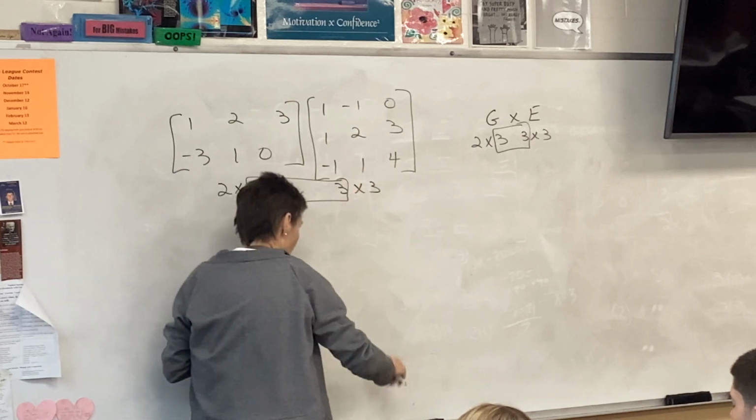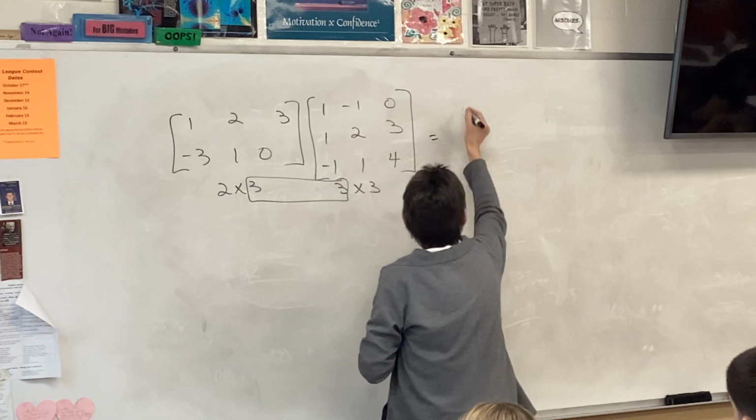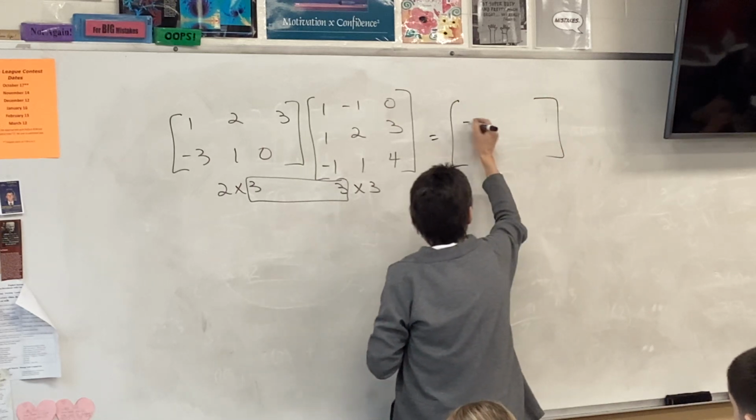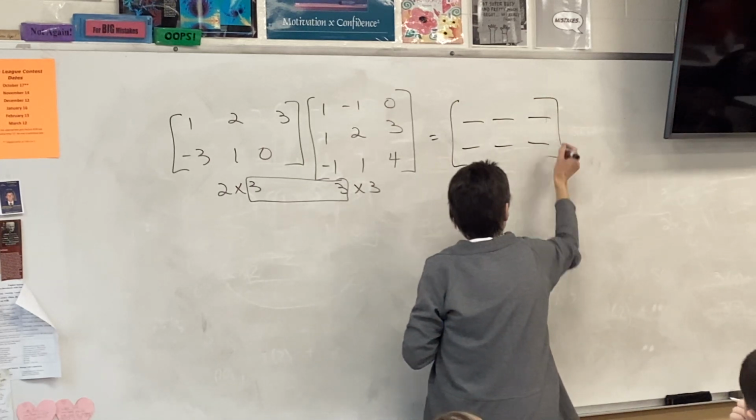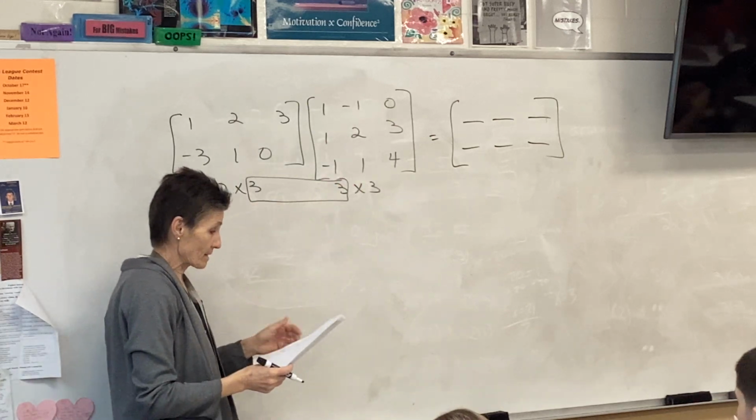And how big will our answer be then? 2 by 3. So my answer is gonna have 2 rows and 3 columns. It'll look like that, so I'm gonna be finding those 6 numbers.